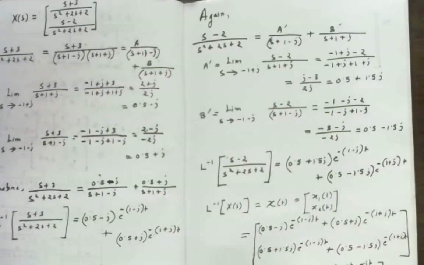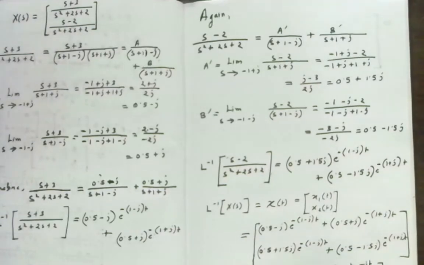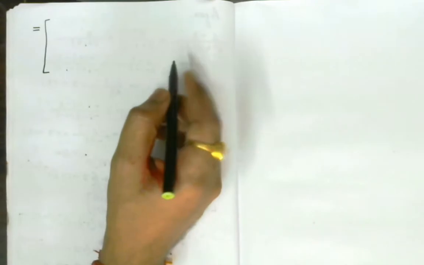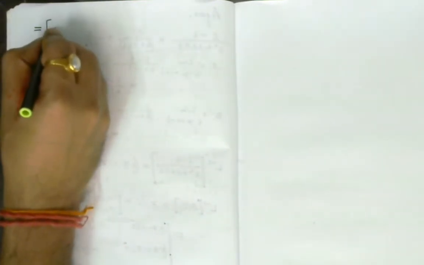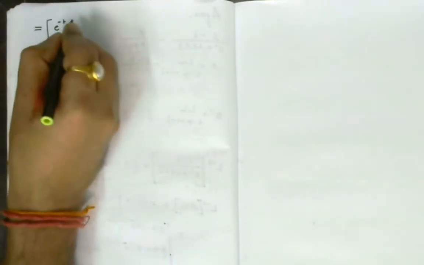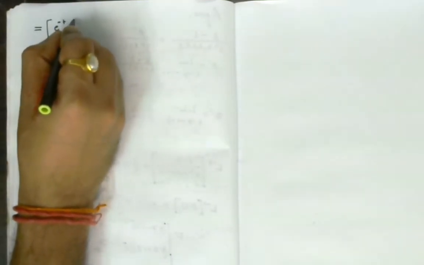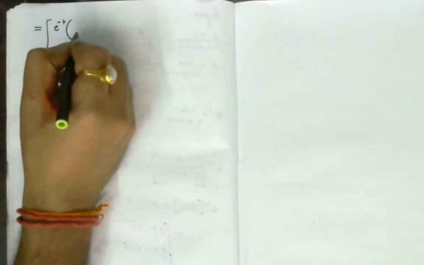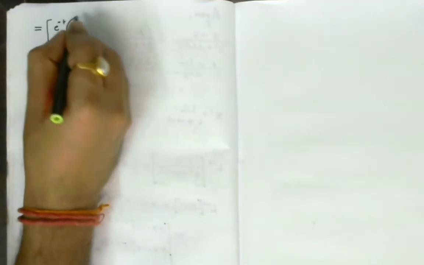You can take your e to the power minus t as common, then inside you multiply. That's why I'm keeping e to the power minus t out of the bracket, and inside I'm multiplying.